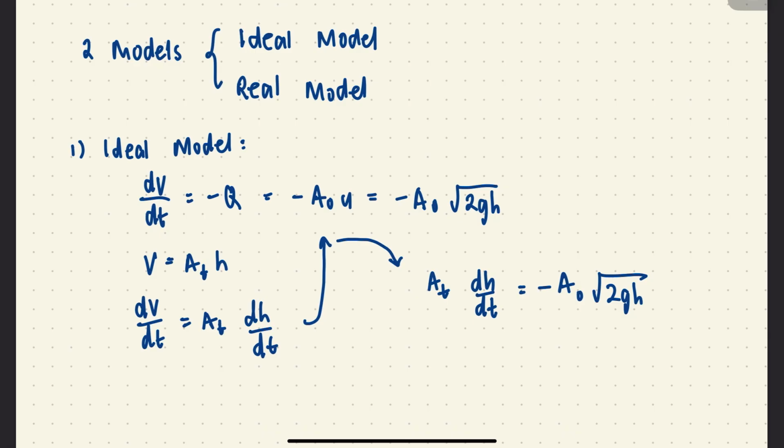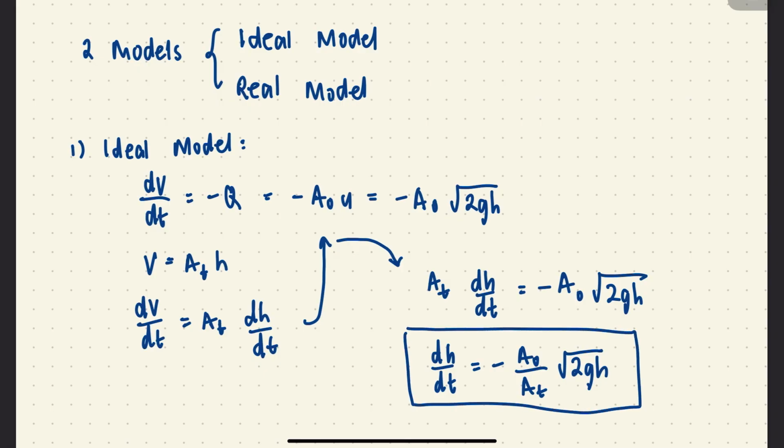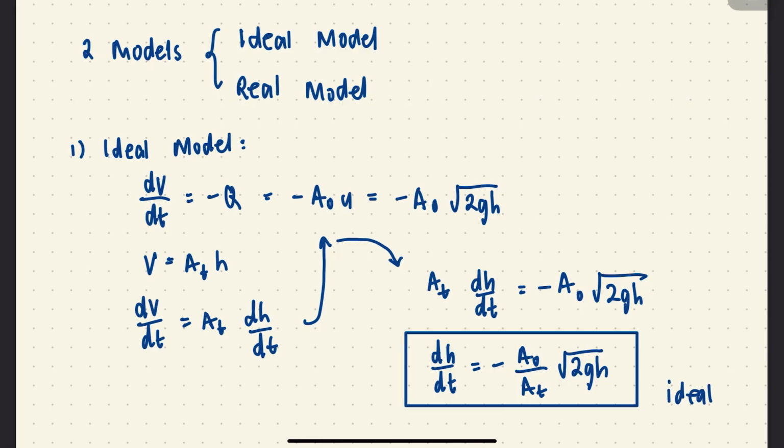Okay? Or rearranging, your final model will be A sub O over A sub T, square root of 2gh. This will now be your ideal differential equation.